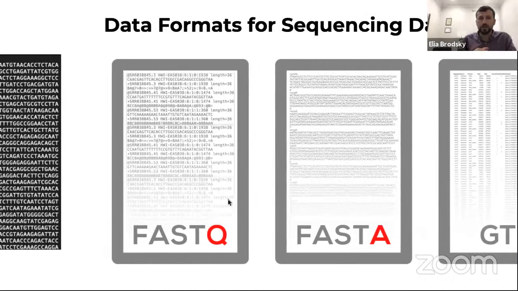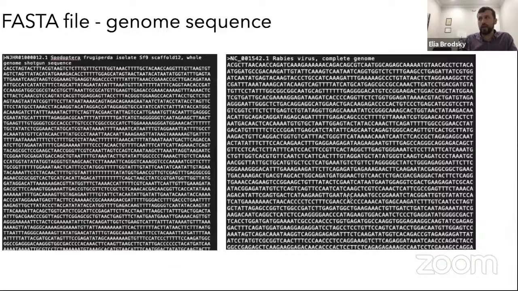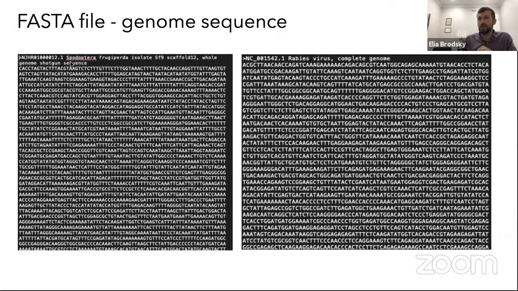What do these formats look like? Here's an example of a FASTA file. You can see that the FASTA file typically contains the name of whatever that file is about. So this is a Spodoptera frugiperda isolate, Sf9, scaffold 12. So the scaffold is like a piece of the full genome, whole genome shotgun sequencing.